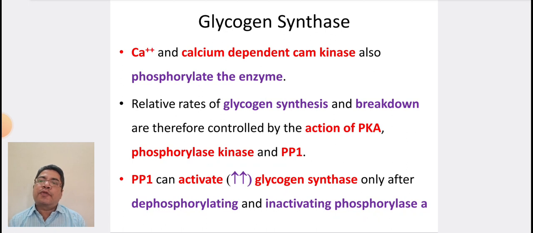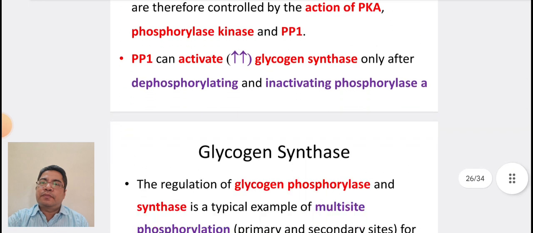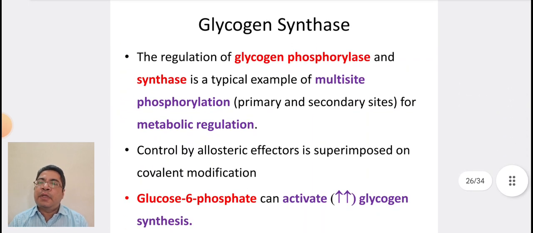The protein phosphatase 1 can activate glycogen synthase only after dephosphorylating and inactivating phosphorylase A. The regulation of phosphorylase and synthase is a typical example of multi-site phosphorylation for metabolic regulation. Control of allosteric effectors is superimposed on covalent modification.